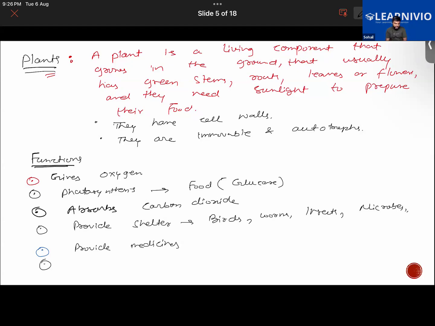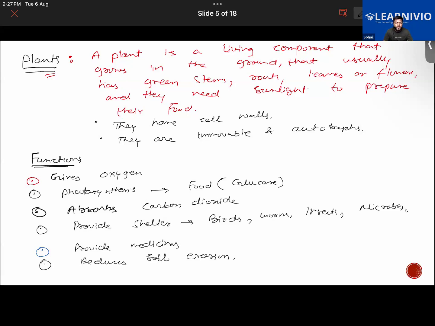No. It reduces soil erosion, because the roots of the plants hold on to the soil particles. So when there's a flow of water in that region, the soil particles will not flow away due to the flood water. It reduces soil erosion and thereby maintains the fertility of that land.